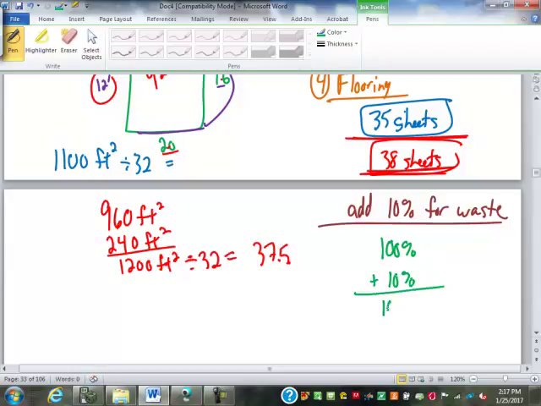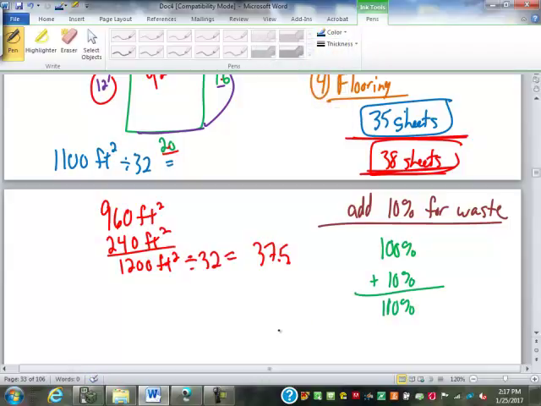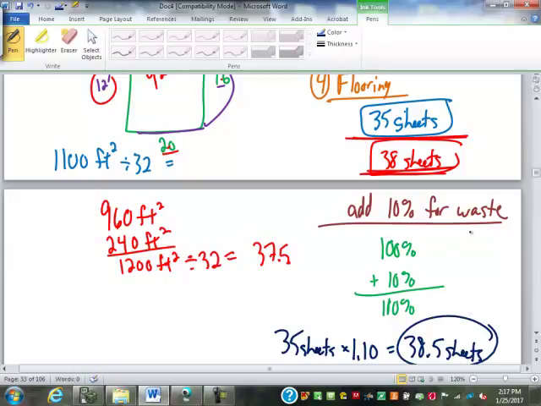So what we want is 110% of what we calculated. The quickest way to find that when you're estimating is to take your 35 sheets times 1.10, which is 38.5 sheets. Of course that would round up to 39 sheets that we would use.